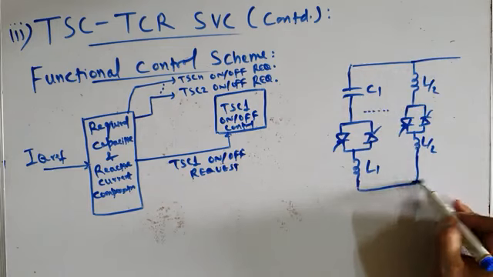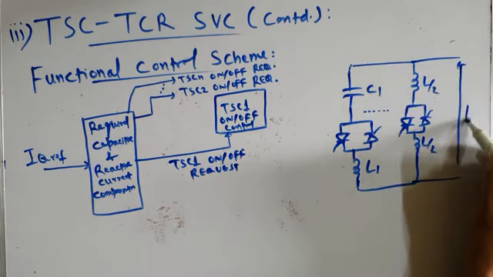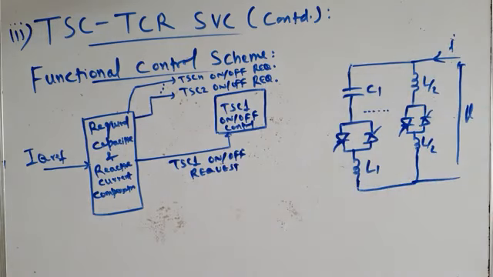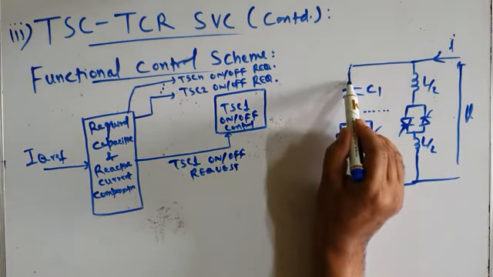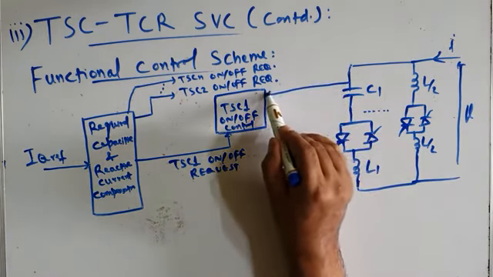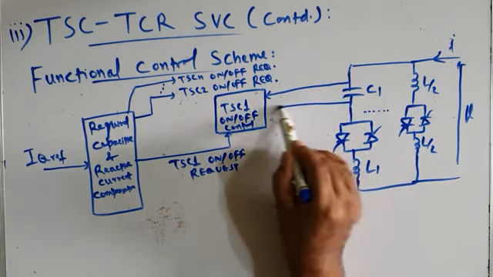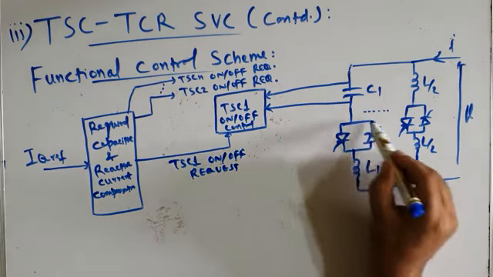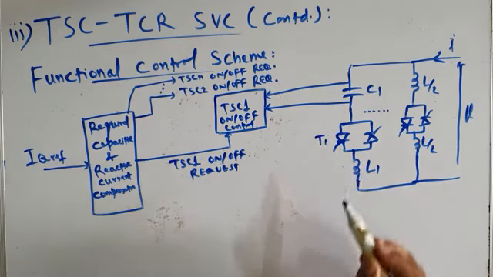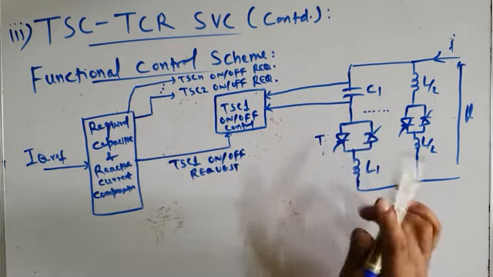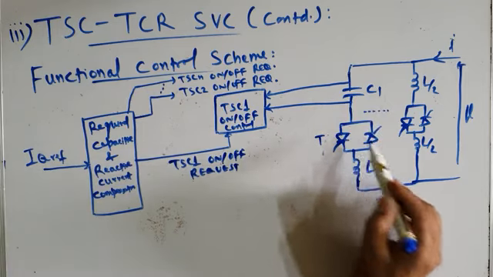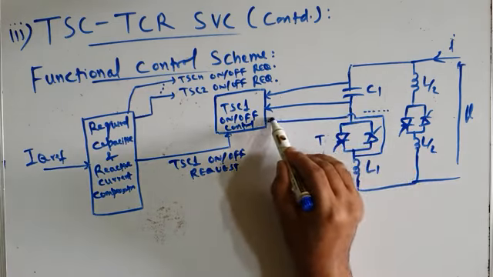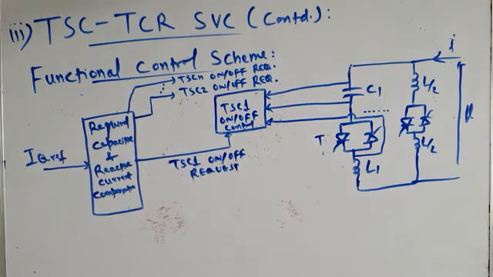The applied voltage or the bus voltage is V, and the total current is I. Now this capacitor voltage, with the help of a voltage sensor, is sensed and fed to this block. Similarly, the voltage across this switch, let us call this switch T, is sensed by another voltage sensor, and this signal also goes to this block.